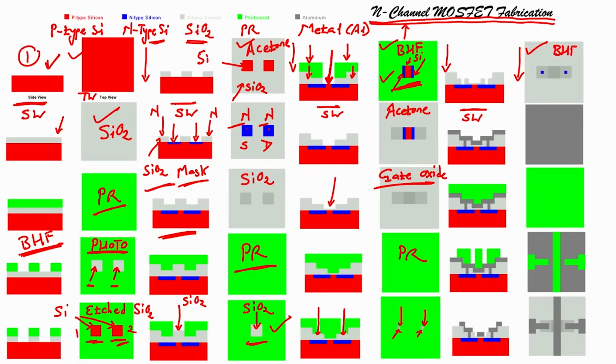So, you can see here oxide, here oxide, here source, here drain, right. We can directly see source and we can directly see drain, correct.